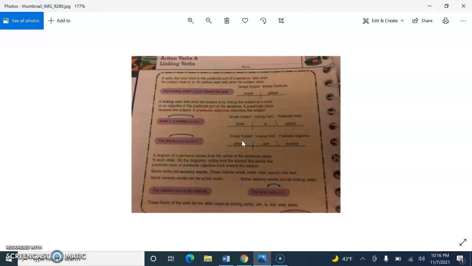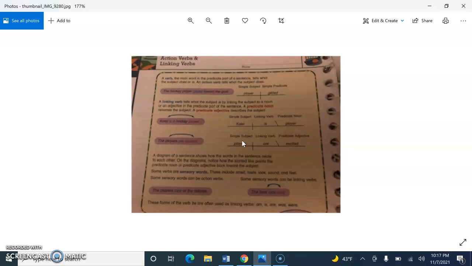And that means you have to put your thinking caps on. You need to read your sentence carefully and ask yourself, is this linking a word that's going to rename the subject, or is the subject actually doing this action? So you have some examples here. The players look at the referee.